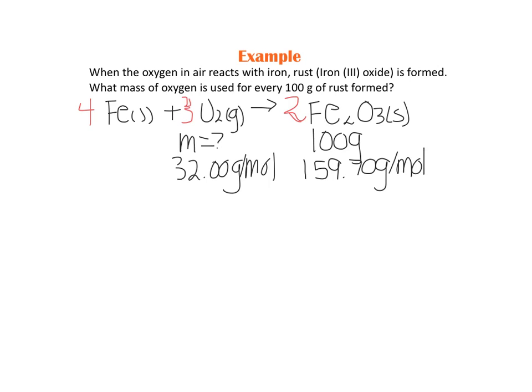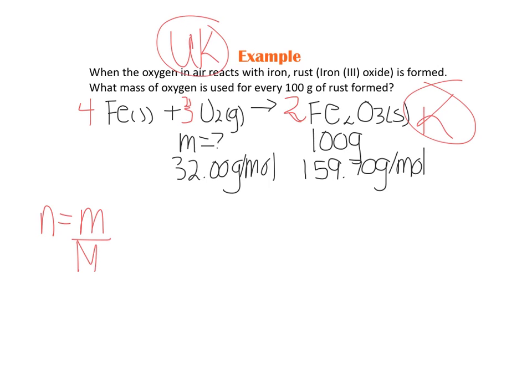Step 3 is to find the number of moles of our known. So our known is one that we can calculate the moles of, and that's our iron 3 oxide here. The unknown is what we're looking for. So our unknown is our oxygen. So to calculate moles of our known, we're going to go n is equal to little m over big M, which is equal to 100 grams divided by 159.70 grams per mole.